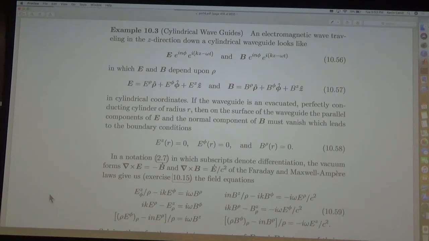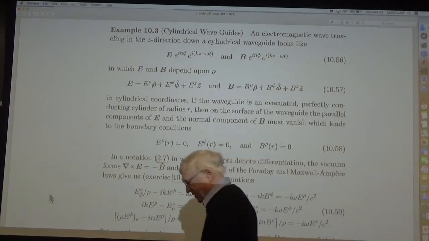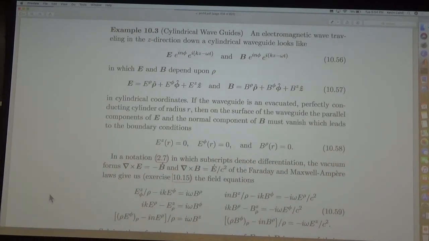All right, cylindrical waveguides. This is actually quite interesting, and it provides a very nice example of Bessel functions. More interesting, I guess, than Bessel's drum. What you've got is an electromagnetic wave in the z direction. Well, it's going to obviously have this phi dependence, e to the I n phi, and it's going to go in the z direction as a plane wave.